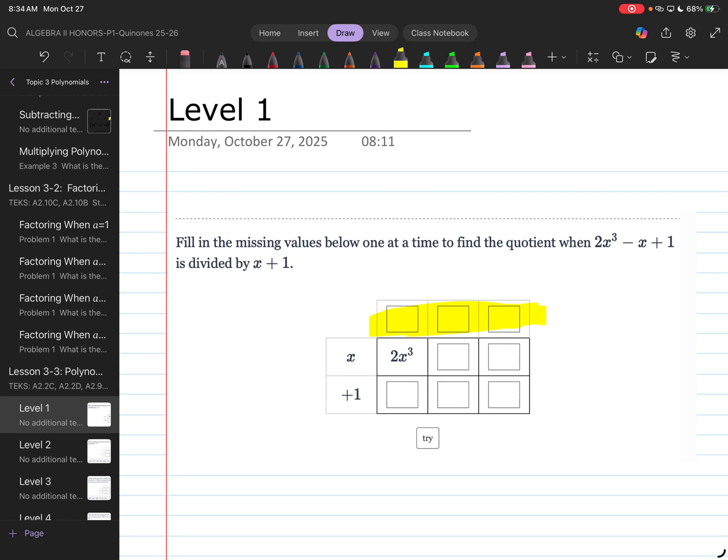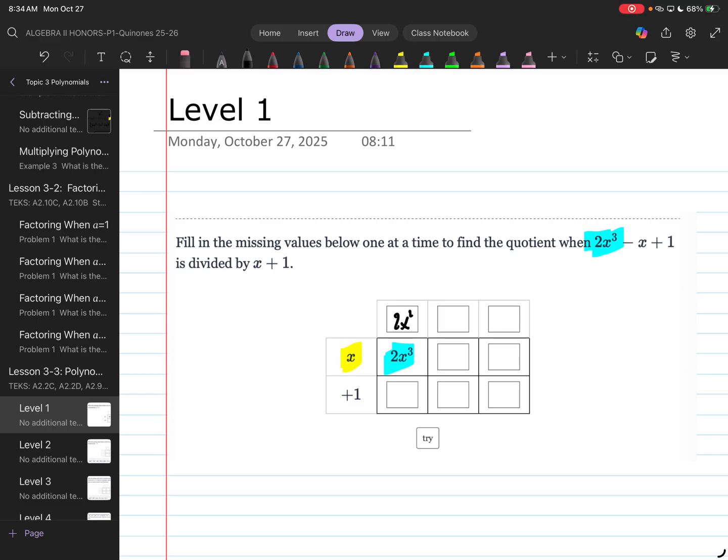Which multiplication will give me this result? Okay? Well, let's think about it. Let's start off with our first term, which is this one right here. That's the highest term, so it belongs there. We already have x here. So what times x will give me 2x cubed? Well, that is 2x squared.